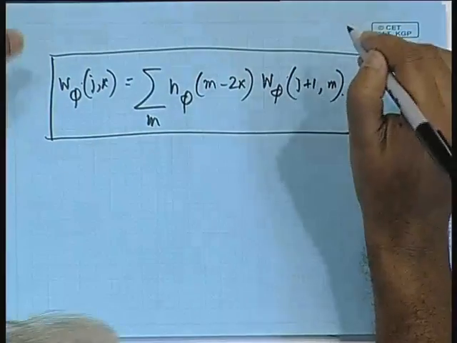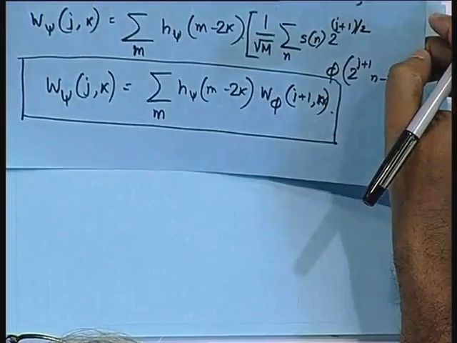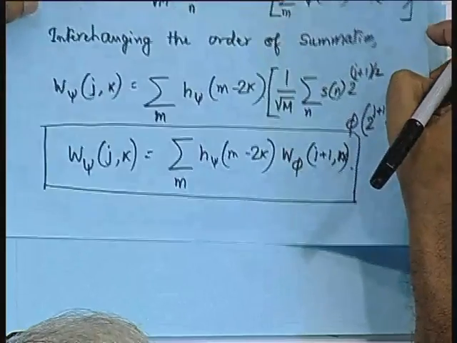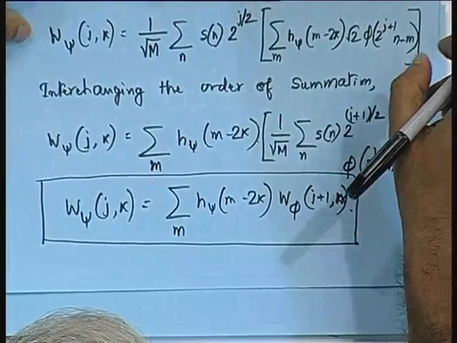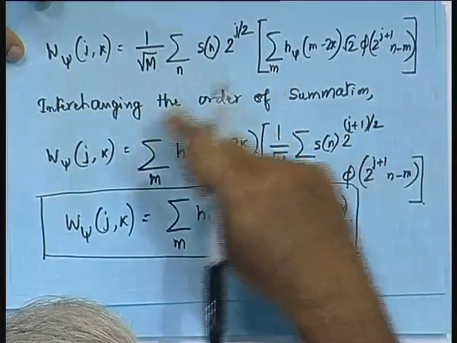You should not be bothering about this m and the k. Here k is a shift parameter that we are considering.